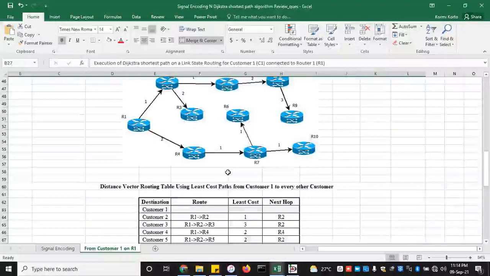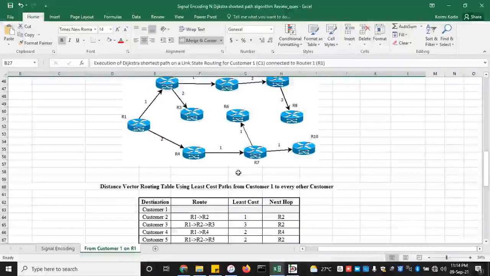The inter-domain ones are the ones that use path vectors, where you assign tags to implementations like BGP, border gateway protocols, exterior gateway protocols.